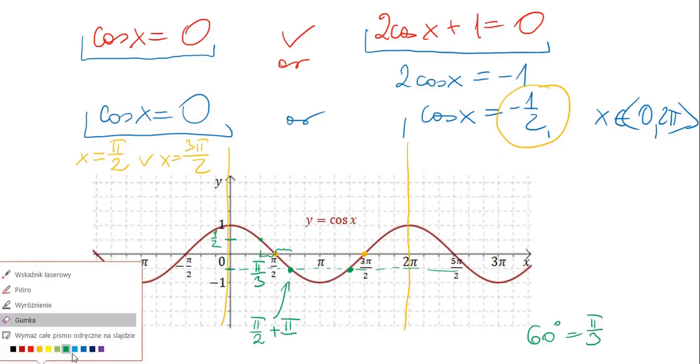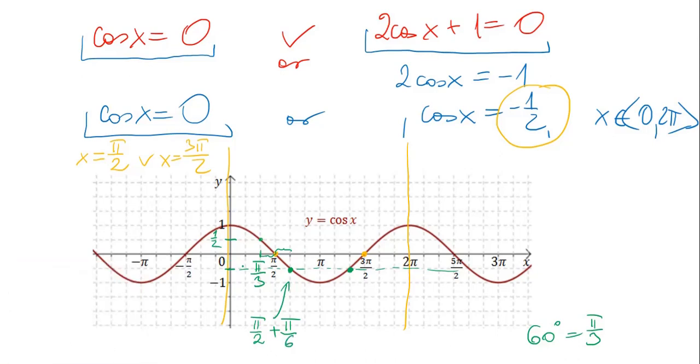Pi over 6, of course, because pi over 3 is the big part here, and this is the smallest part, which is pi over 6. So I have to take pi over 2 plus pi over 6, and let me just make a quick calculation. 3 plus 1, it's 4/6 pi, right? So it's 2/3 pi. Okay, so there we go, the first point.